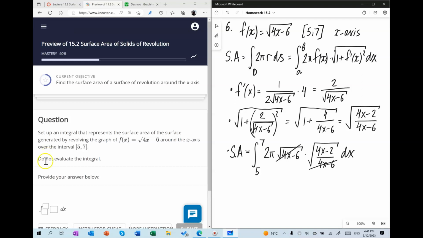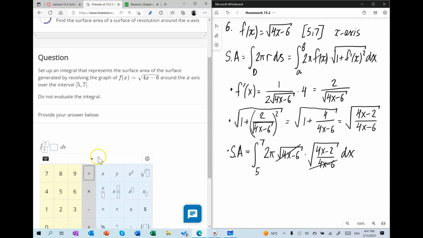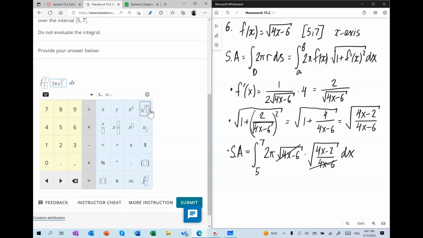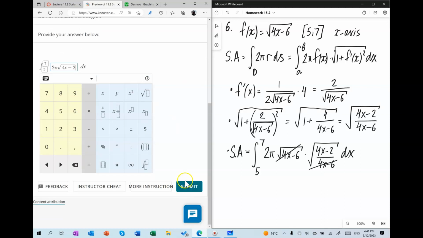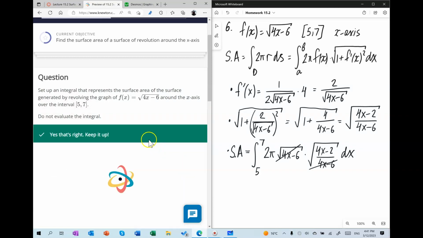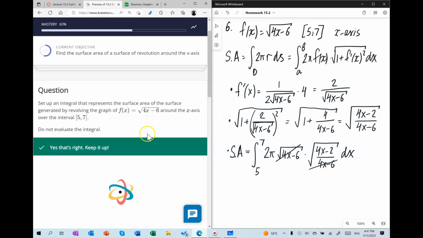So let's go ahead and type the answer. We're going to have an integral from 5 to 7 of 2 pi square root of 4x minus 2. Let's go ahead and check. Looks like we got it.